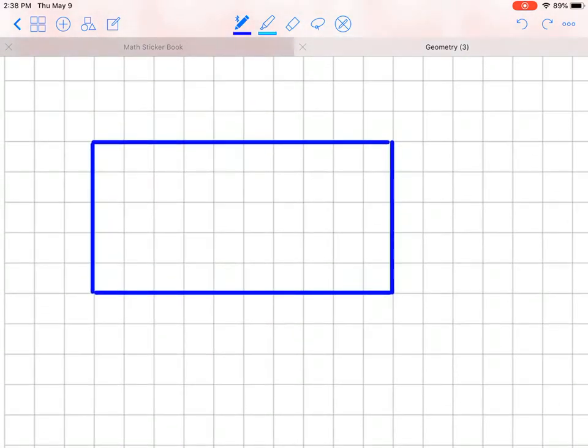Okay, to solve these, the first thing I need to do is to get my dimensions. Now on the test, you're going to be given the dimensions. So 5, 6, 7, 8, 9, and 10. So the length is 10 units.